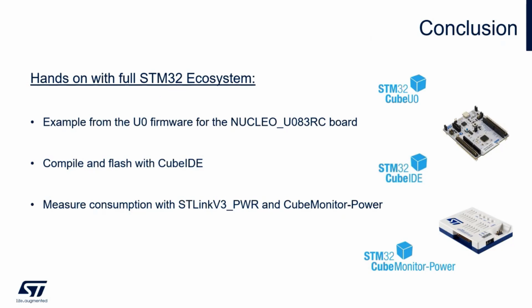So we have seen in this first hands-on how you can use the Nucleo U083 to evaluate all the low power modes available on the U0. You can play with it on your own with the STLink V3 power if you have it, or if not, you can use, of course, other tools to measure the consumption.